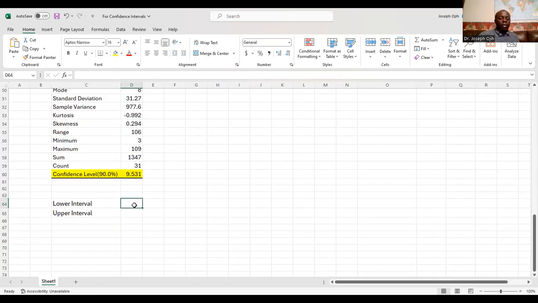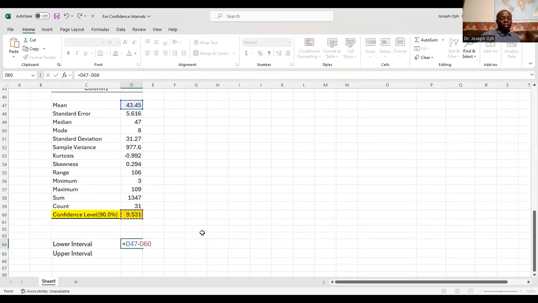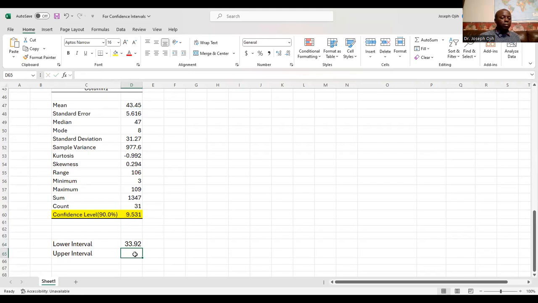So the lower interval equals 43.45 minus the error of 9.531. That'll give us the lower interval. And upper interval equals the mean plus 9.53, 52.98. Okay. Let's see.